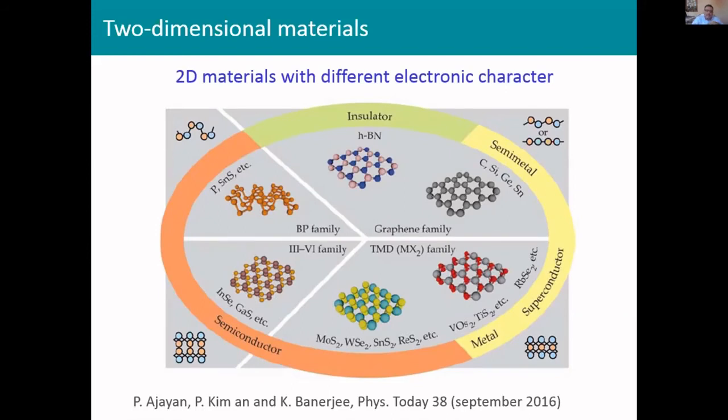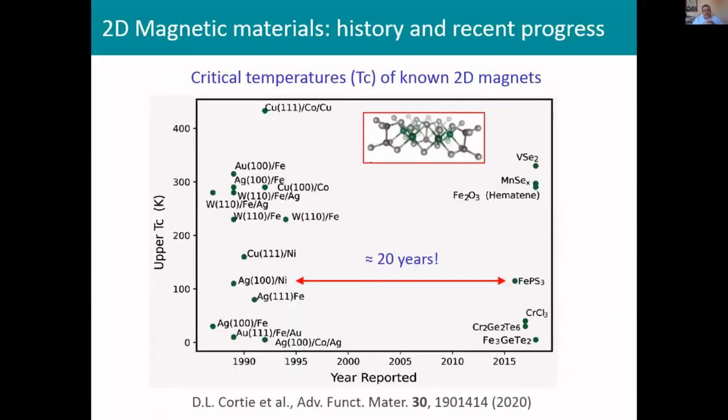And currently, we know a family of two-dimensional materials presenting intrinsic magnetism. This kind of system started to appear more or less in 2016, 17, in the last 3 years.